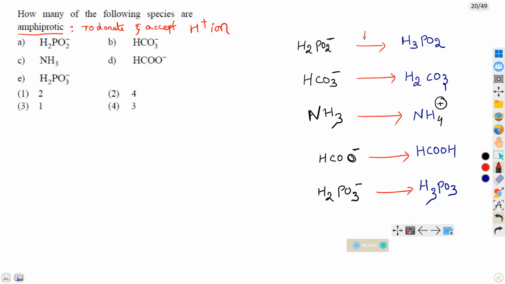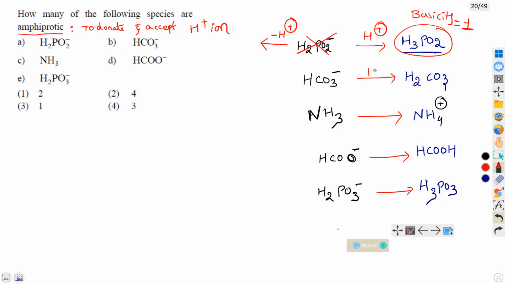H2PO2 minus readily accepts H plus ions and is converted to H3PO2, but it further does not donate H plus ions. Why? Basicity of H3PO2, number of replaceable hydrogen atoms, is only one. Already one hydrogen is replaced. One more hydrogen replacement is not possible.